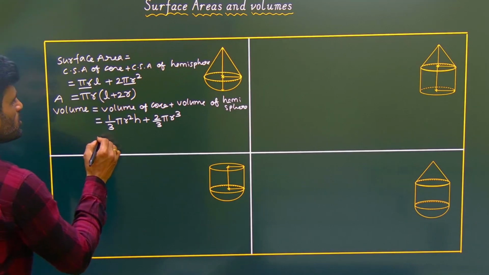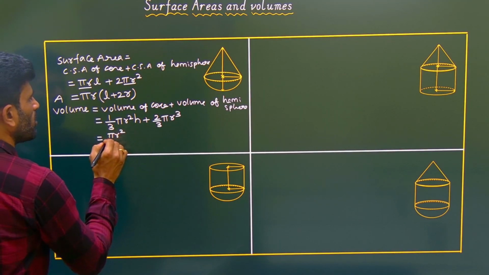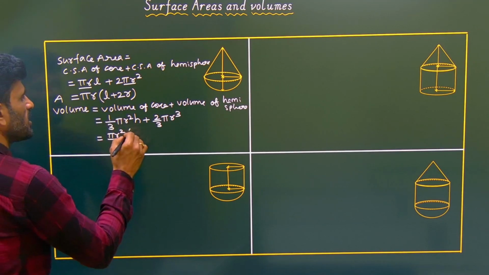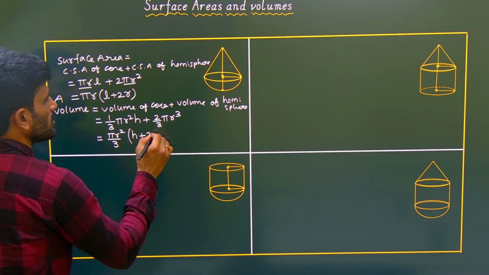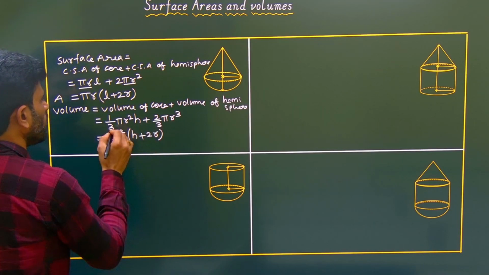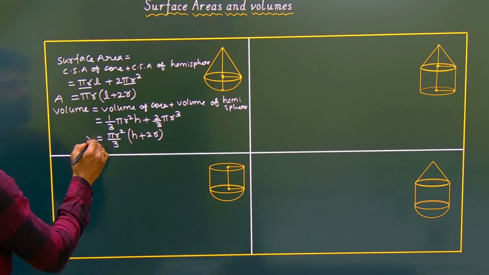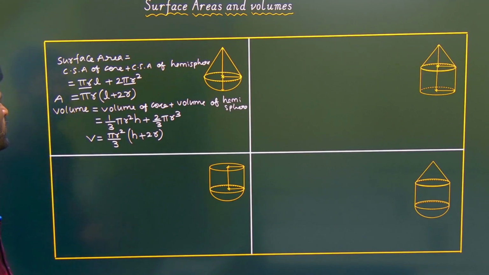What is common in these two? You can have pi r square common and also by 3 common. Pi r square by 3 is common. Then what is left over inside? h plus here 2 times r will be left, because we have taken only pi r square by 3, 2 will be left and r will be left. So this is what? Volume of this solid. Anyway, in question those values will be given, radius and height. We can substitute in the formula and find out the volume or surface area.